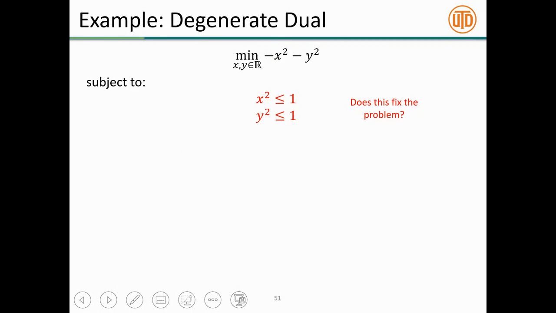So here's an example. All I've done here is replace the x less than or equal to 1 and greater than or equal to -1 constraint with x squared has to be less than or equal to 1. These two constraints are obviously the same. It's a different way to write that constraint.